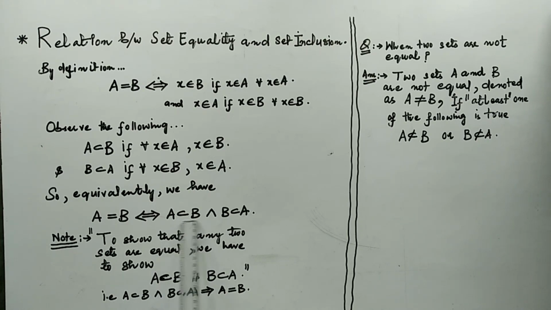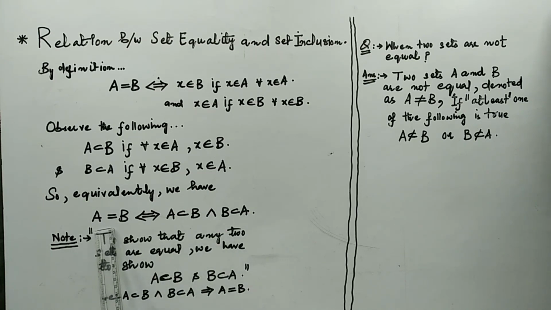Now, this is a compound statement and it includes and, not or. It means that for this whole compound statement to be true, both of these individual components must be true.